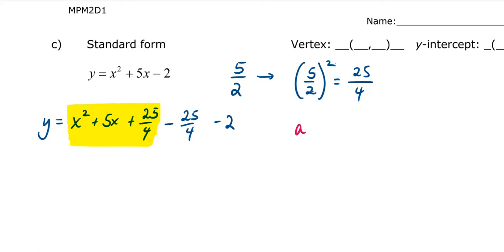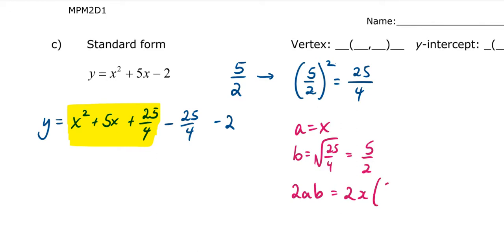So a is your x, because you know the square root of x squared is x. B is going to be the square root of 25 over 4, which is equal to 5 over 2. And what's 2ab? Well, 2ab is just 2 times x times 5 over 2, which is equal to 5x. Exactly what you have in the middle. So it is a perfect square trinomial.